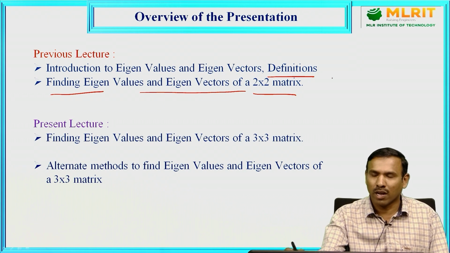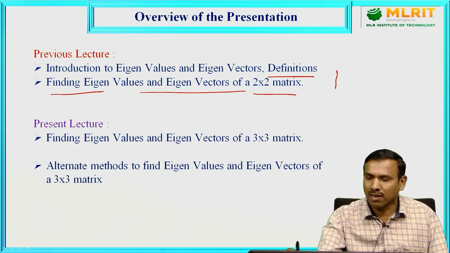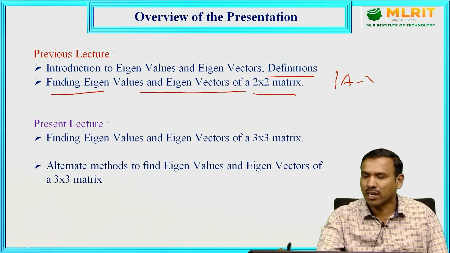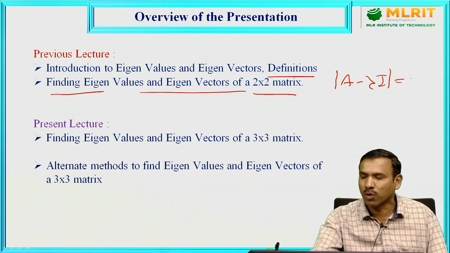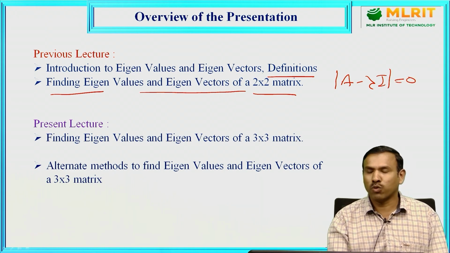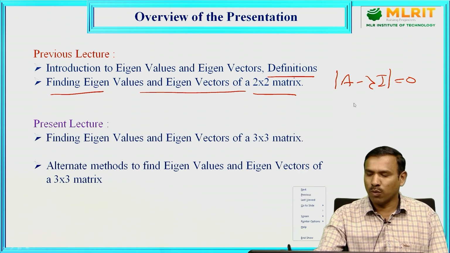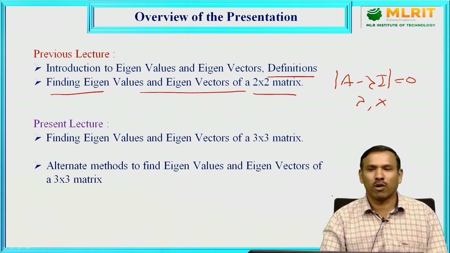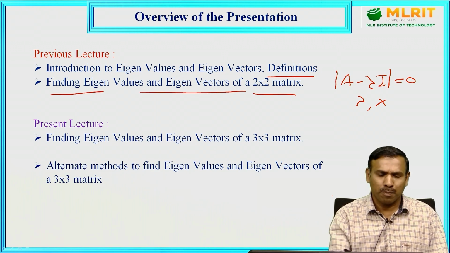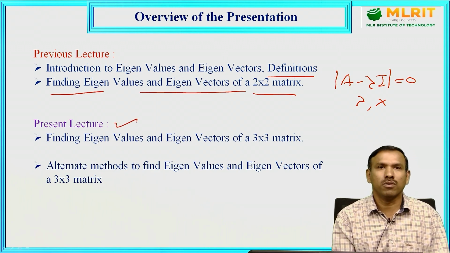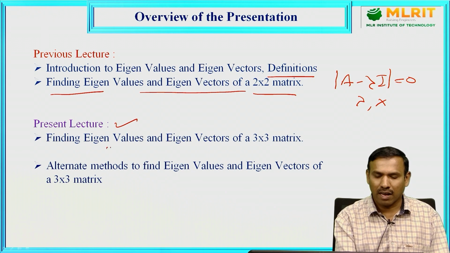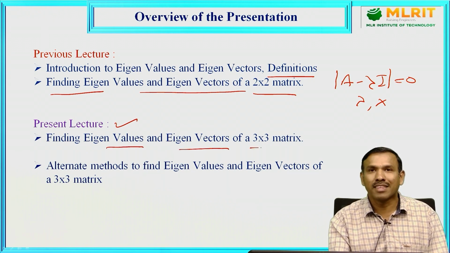I think everyone can remember that to find eigenvalues we use det of A minus lambda I is equal to 0, the characteristic equation. Using this equation we can find the eigenvalue lambda and the eigenvector x. We have done that for a 2 by 2 matrix. So today in the present lecture I am going to teach how to find eigenvalues and eigenvectors of a 3 cross 3 matrix.